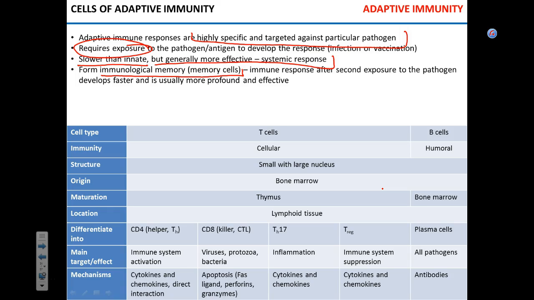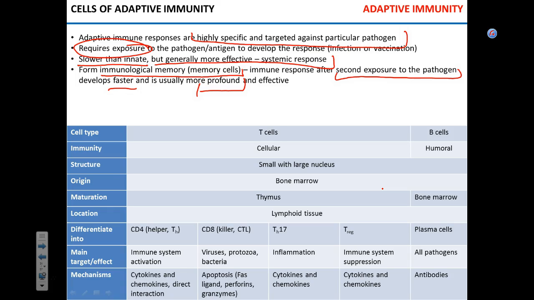If you have a second exposure to the same pathogen, it will mount the response faster, and this response would be more profound. Does that make sense? The adaptive immunity requires exposure. Responses are slower, but generally more effective, and they are highly targeted and highly specific. Also, adaptive immunity can form immunological memory.